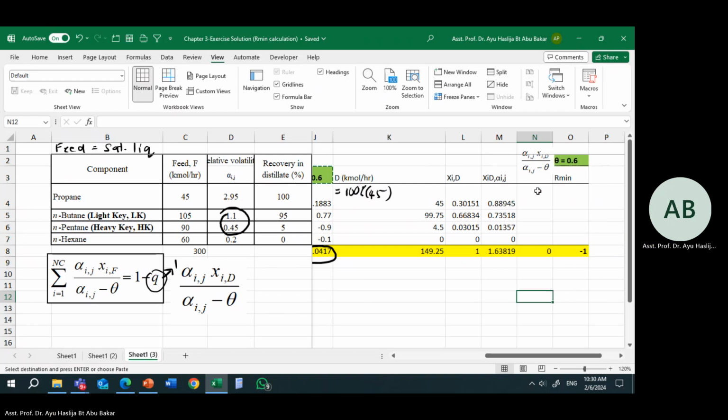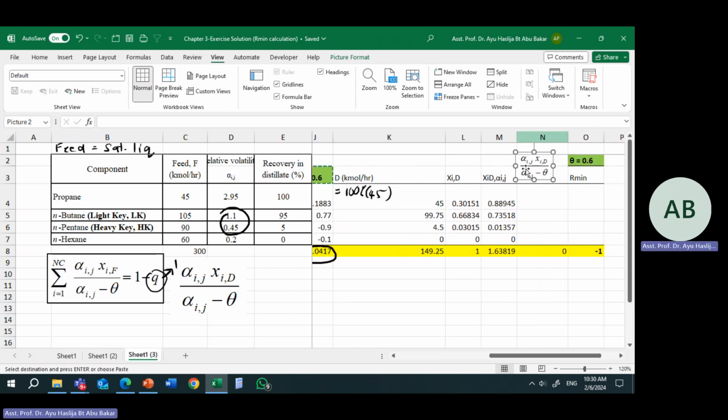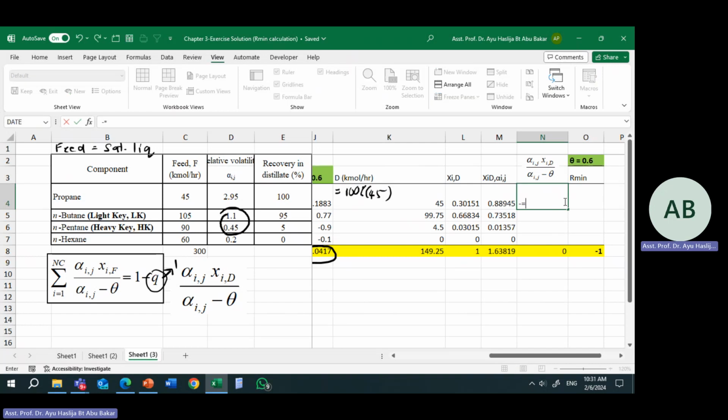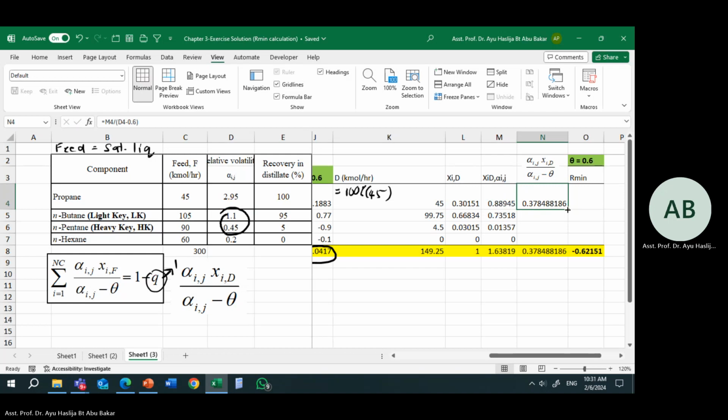You will get the summation of this column using theta 0.6: this value divided by the relative volatility minus theta 0.6.